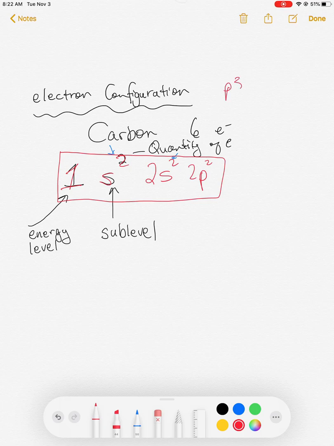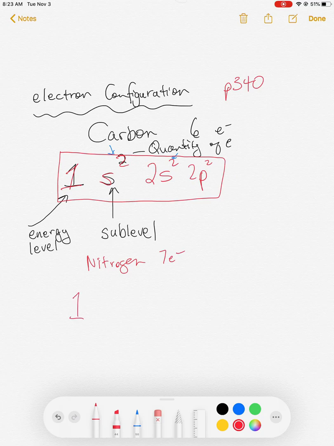If you go to page 340, there's a bunch of elements listed there with their electron configuration. I suggest that you try some and then look back and see if you've got them right, so you have the idea. Let's go ahead and do nitrogen. Nitrogen has 7 electrons because it's right next to carbon.